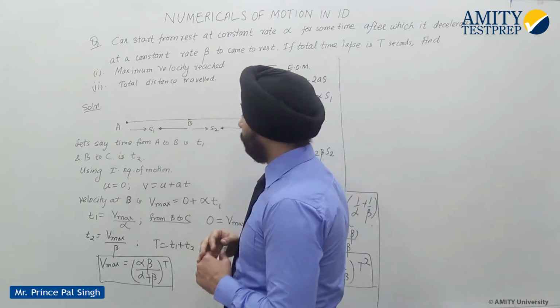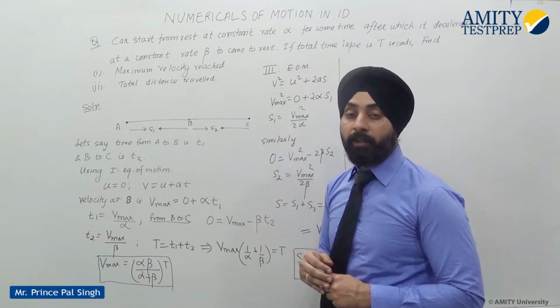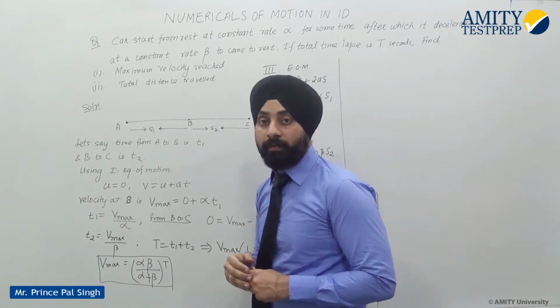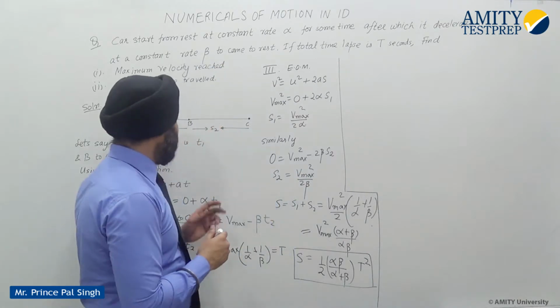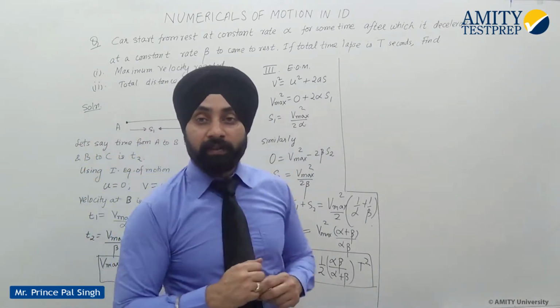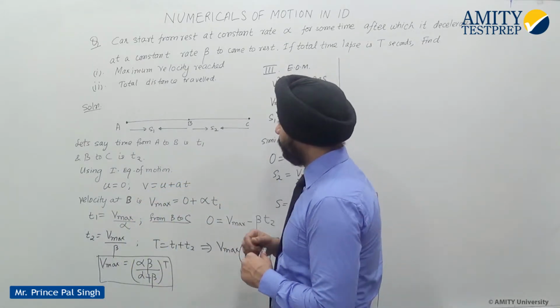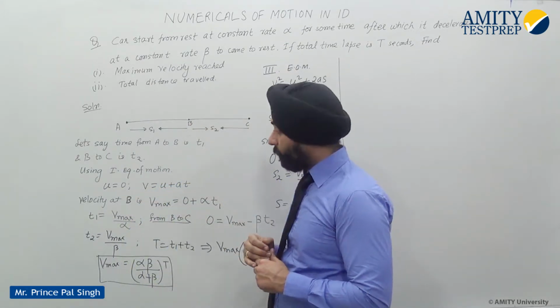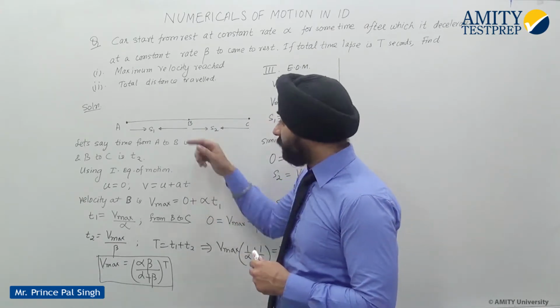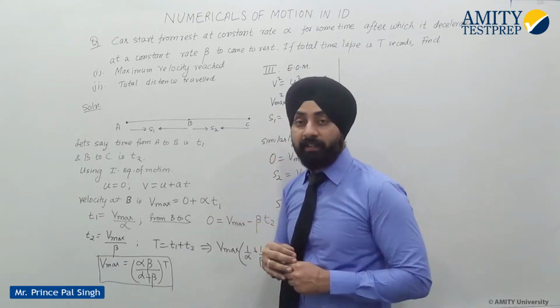Now the brakes are applied at point B and the speed decreases, and it comes to rest at point C. Again I will apply the first equation of motion from B to C. The initial velocity at B is Vmax and the final velocity at C is 0.